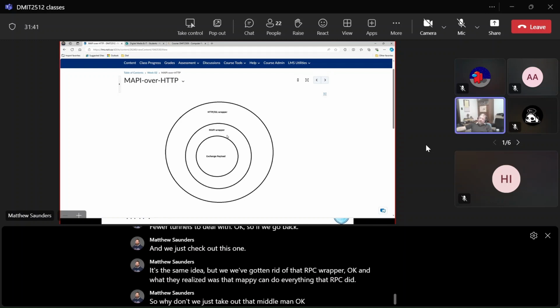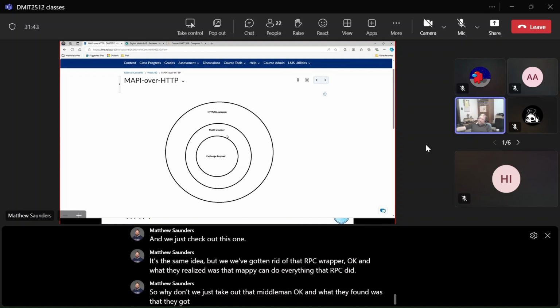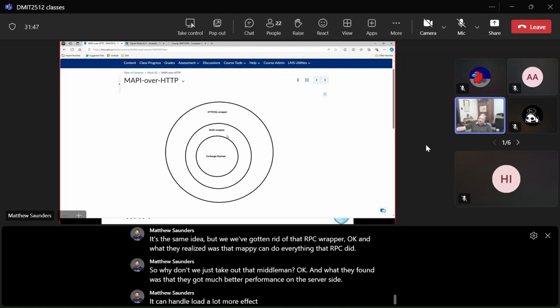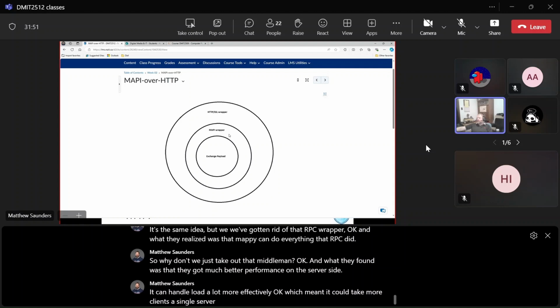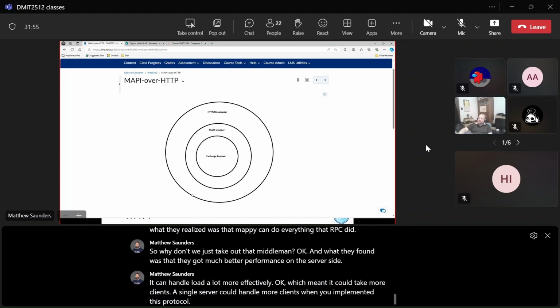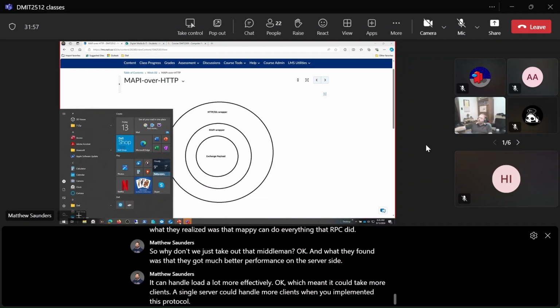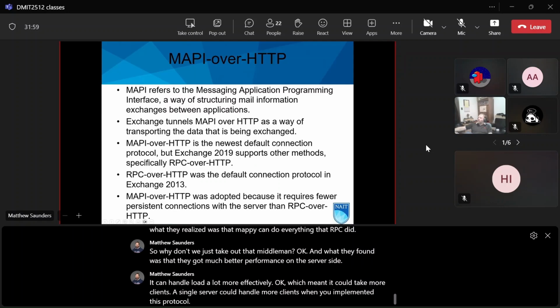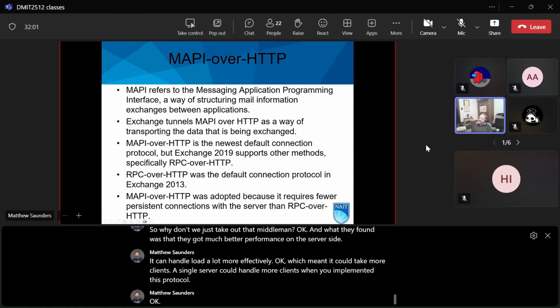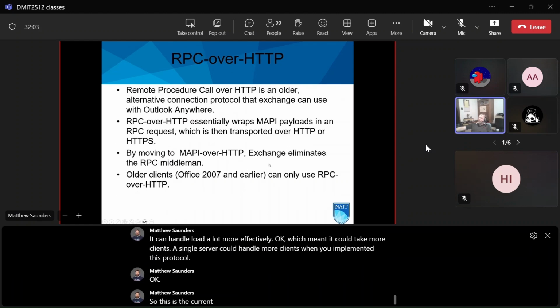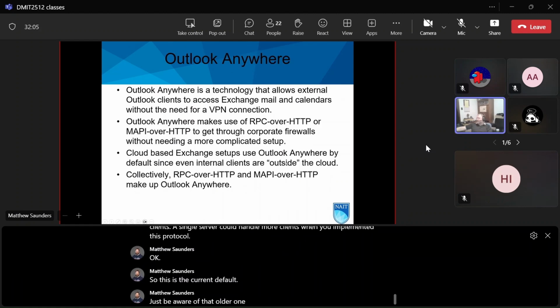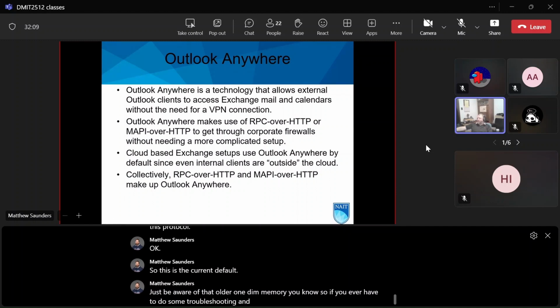And they found they got much better performance on the server side. It could handle load a lot more effectively, which meant a single server could handle more clients. So this is the current default. Just be aware of that older one, so if you ever have to do some troubleshooting and encounter it, you'll know.